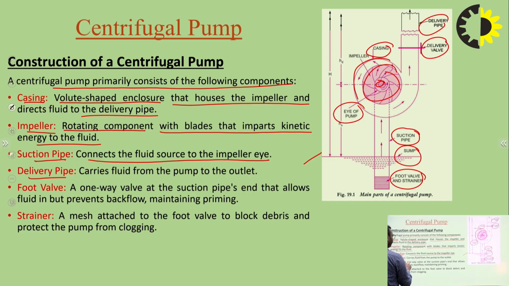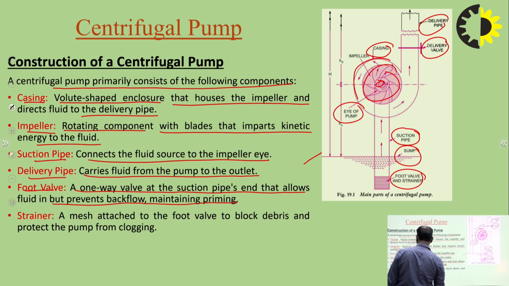Then delivery pipe carries fluid from the pump to the outlet. Then foot valve, a one-way valve at the suction pipe's end that allows fluid in but prevents backflow, maintaining priming. And the last one is strainer, a mesh attached to the foot valve to block debris and protect the pump from clogging.